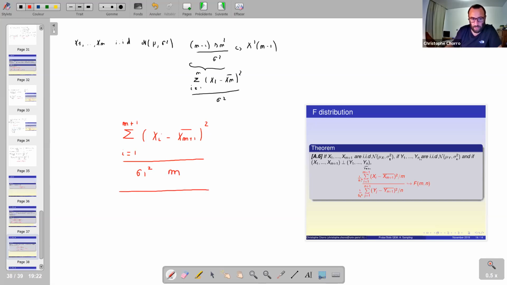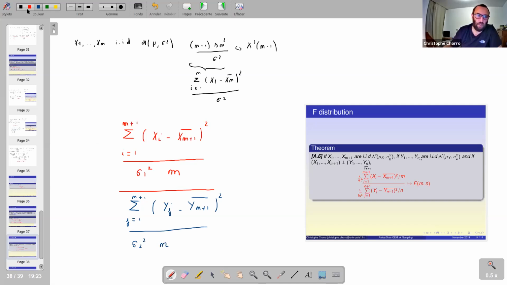And then I have another expression, the sum from j equal to 1 to n of (Yj minus Ȳn) squared over sigma 2 squared n.